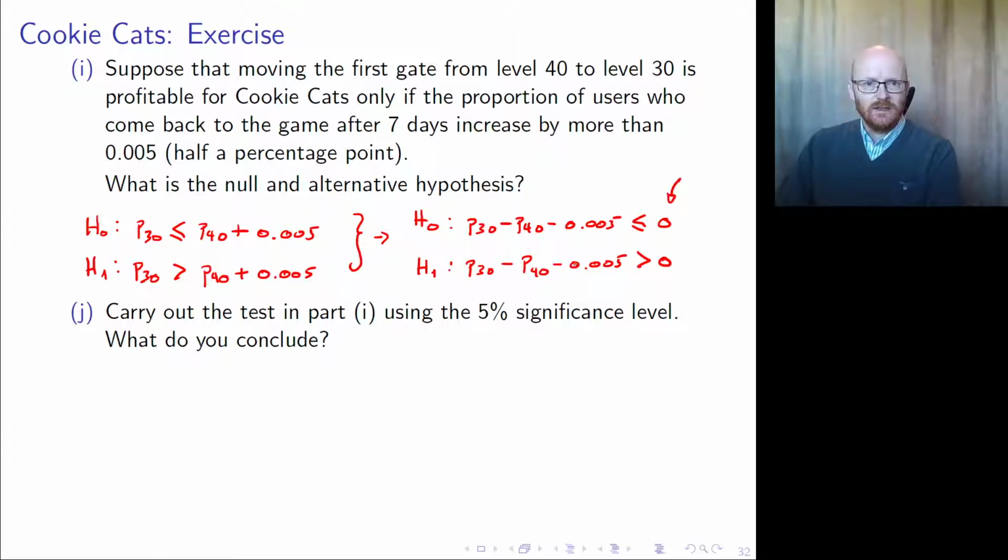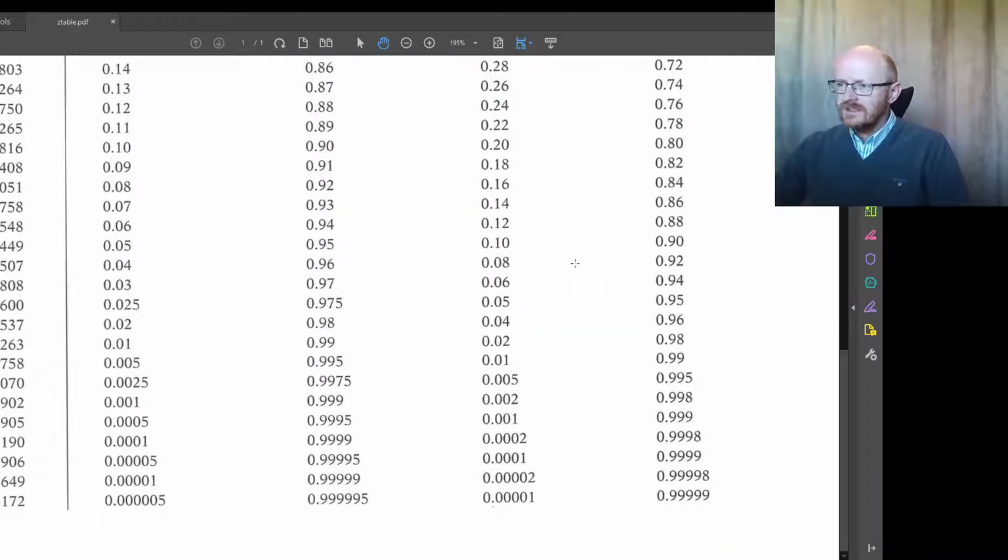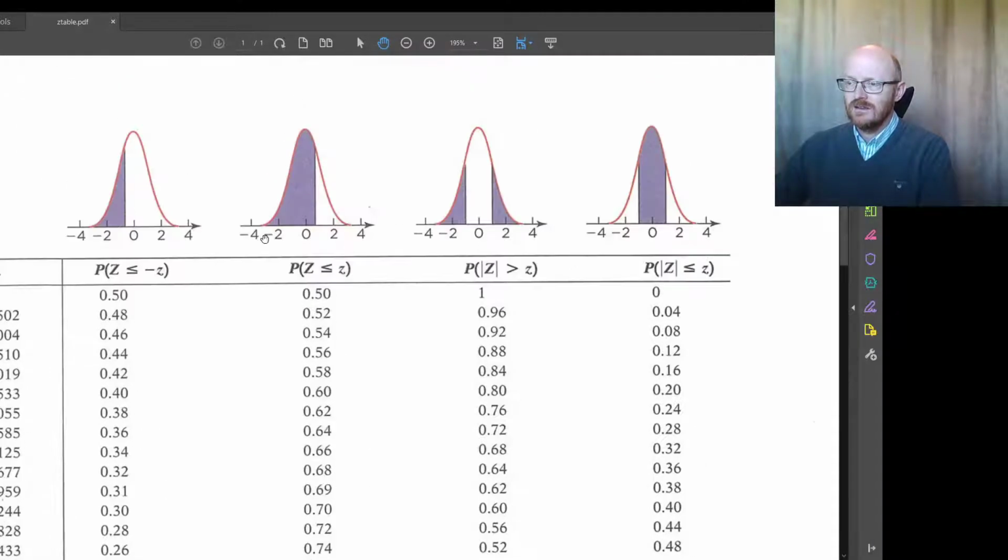Okay, and why do we want 0 on this side? Well, it's actually so we can use this t table and z table. We use the z table when we work with proportions, and this is always centered at 0. Okay, and it's centered at 0 because we can always make a random variable centered at 0 by subtracting a mean.